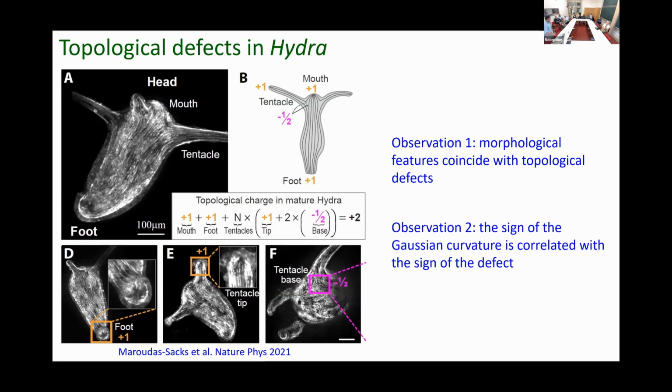The scale was 100 microns, so a tentacle is about 200 microns, maybe a bit more. If I think of a cell as 10 microns, then it's basically 20 or 30 cells.